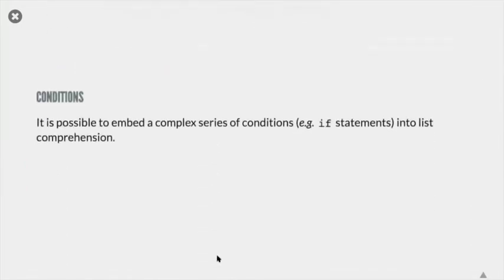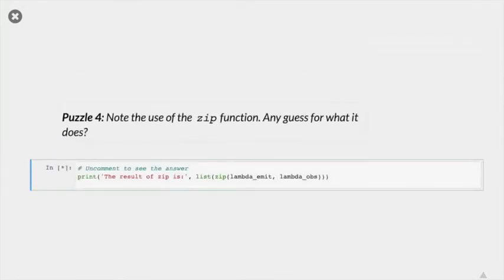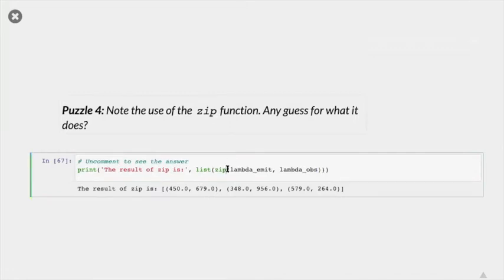So basically, as you see here, that zip on my emitted and observed will produce basically an iterator expression, which we'll cover in a second. And then if we convert that into a list, you can see that we end up with a list of tuples.